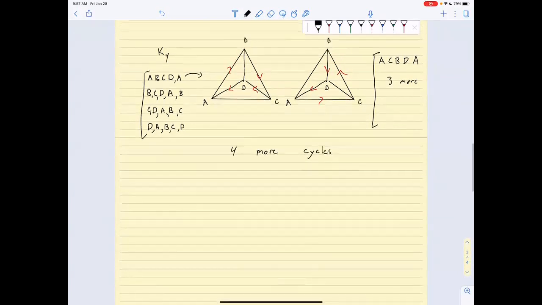But what I want to say is, let's take a look at that arithmetic a little bit. The number of paths, Hamilton paths, in this case was 4 factorial, which is 4 times 3 times 2 times 1. And the number of cycles, or circuits, sorry.